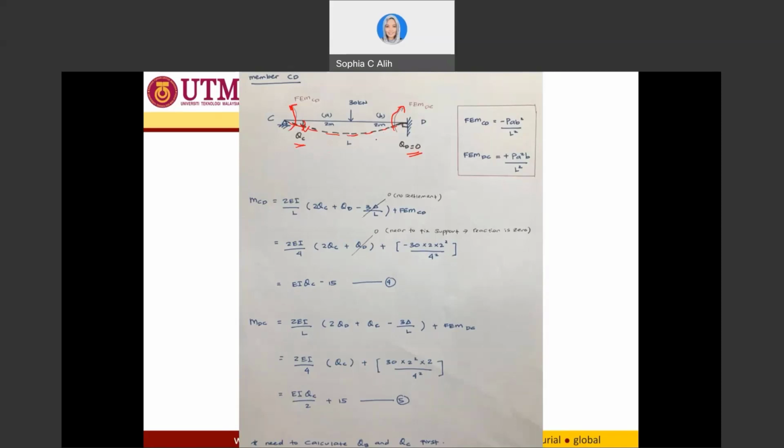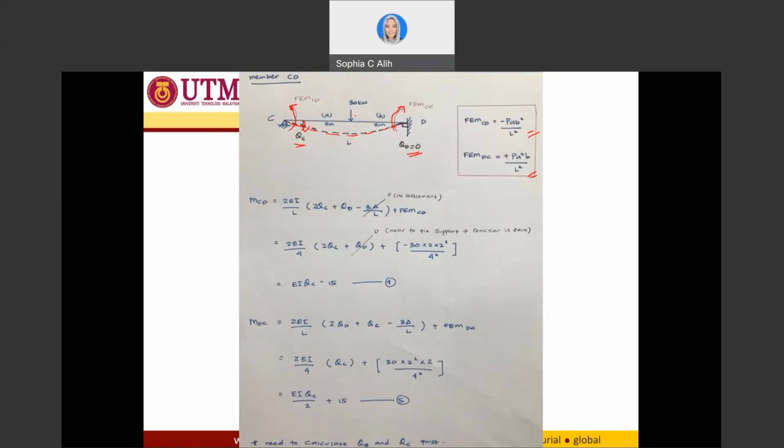And for a point load, when it is acting on the midspan, for the fixed end moment of CD, I can use this equation, and for the fixed end moment of DC, I can use this direction. So negative, because this is a counterclockwise direction, and DC positive because it is the clockwise direction.